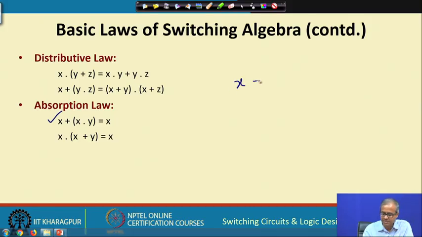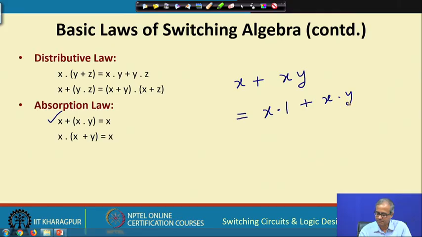This says x or, well, I am not writing the bracket, let's say x y, I am dropping that dot, x dot y. So, what I can write, this is equal to x, well, this rule already you know, x means x and 1, plus x and y. x you can write as x and 1, and now you have already studied the associative, the distributive law.